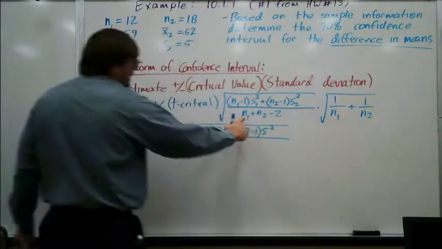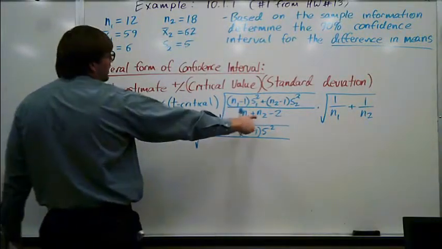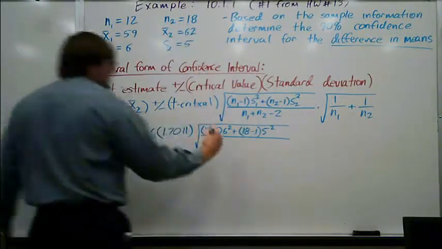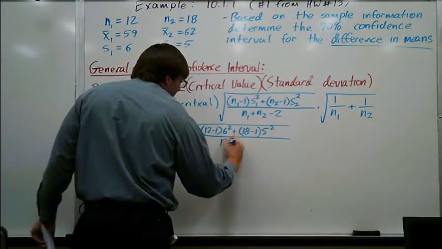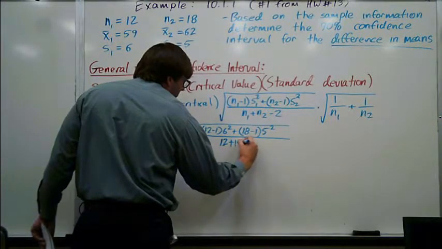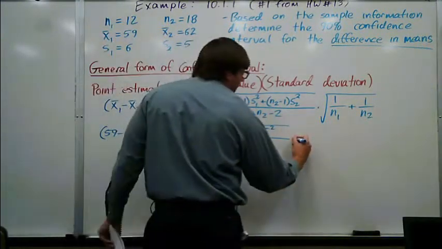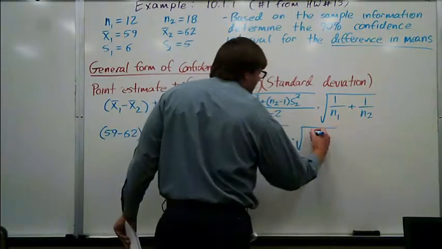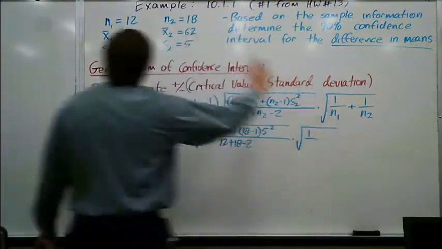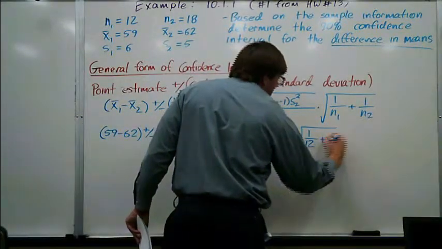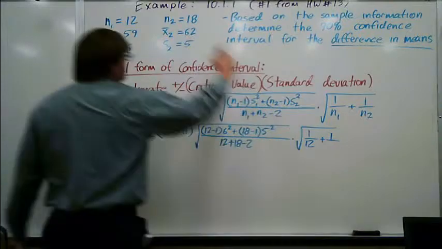Then, of course, divided by n1 plus n2 minus 2, 12 plus 18 minus 2. Then that's all multiplied by the square root of 1 over sample size 1 again, 12, plus 1 over sample size 2, or 18.